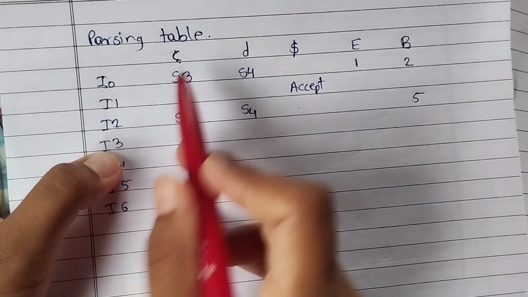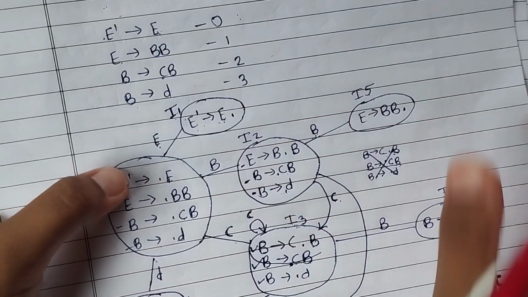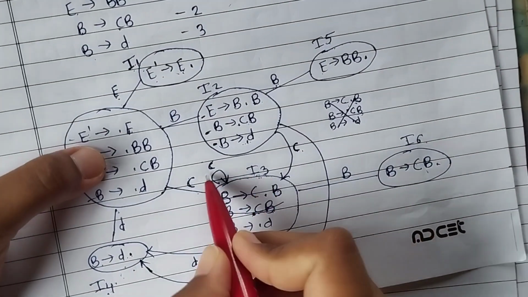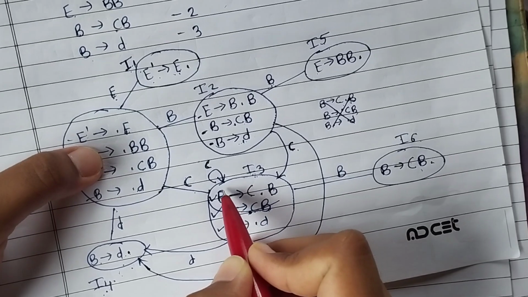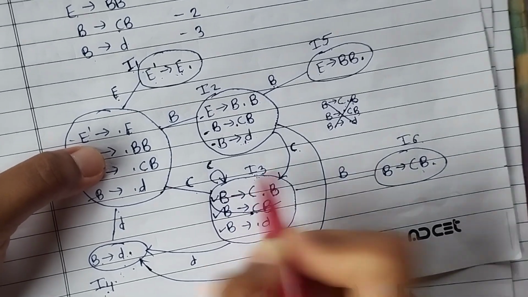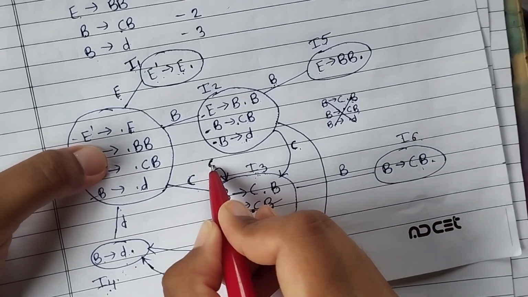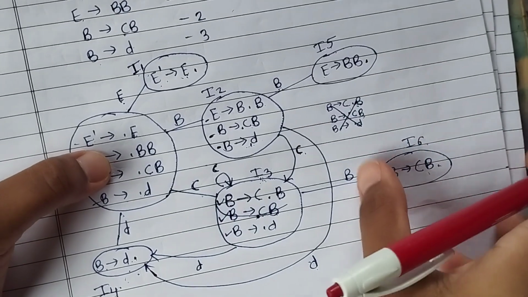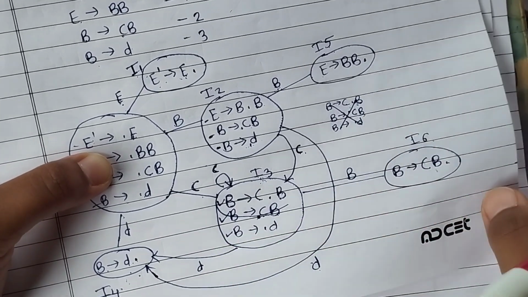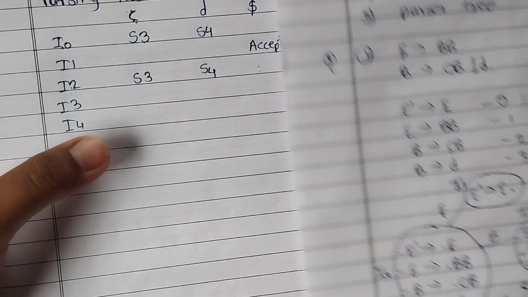Now I3 and opening bracket. So we transfer this in I3 itself. So this is the terminal, so we write S3. See the difference between terminals and non-terminals.